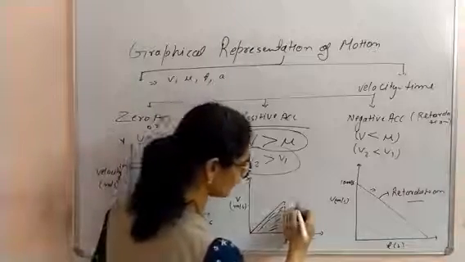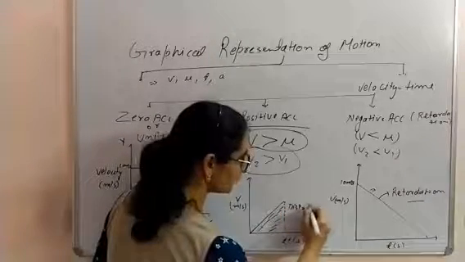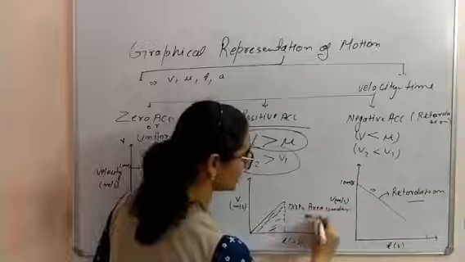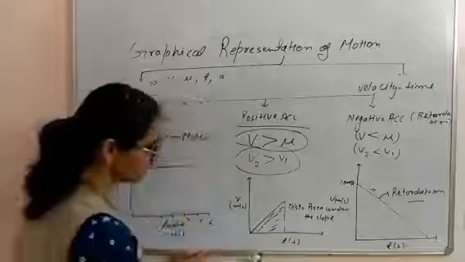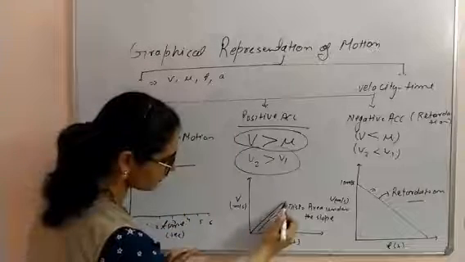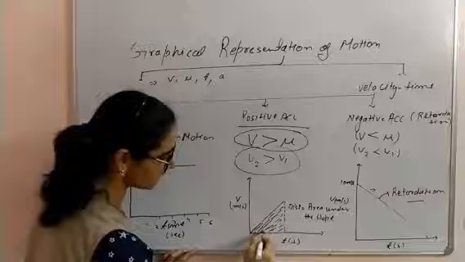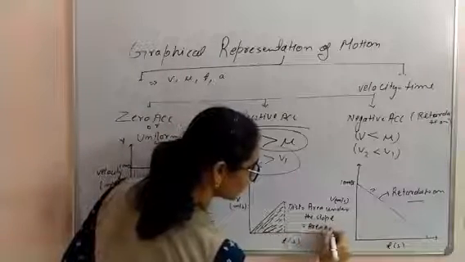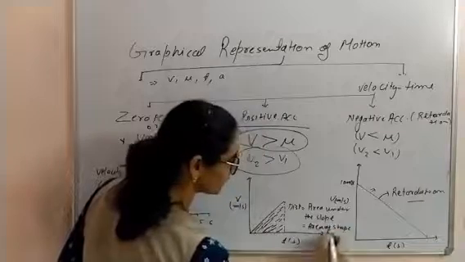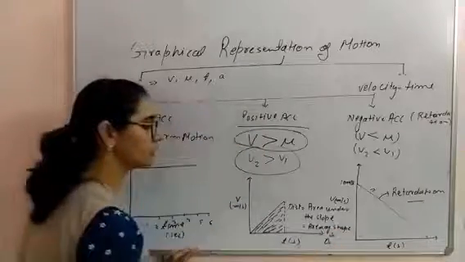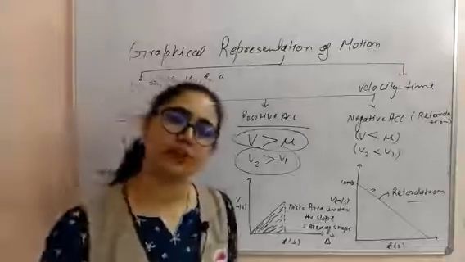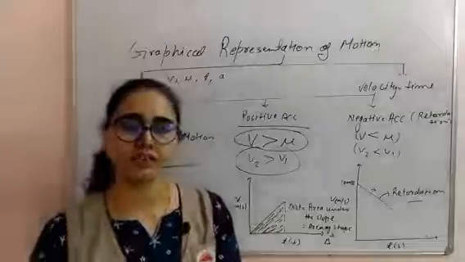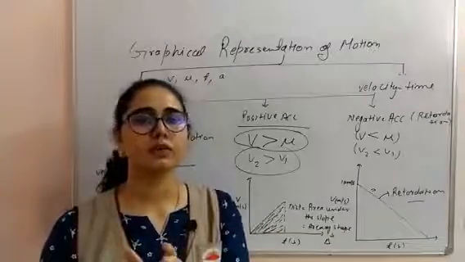Here the area is representing the area of a triangle, so we can easily calculate it. What is the area of a triangle? Half into base into height. Just apply the formula and you can get the distance covered by that object during accelerated motion.